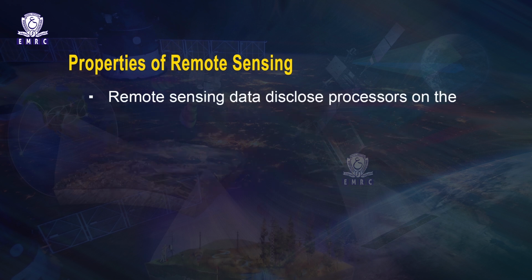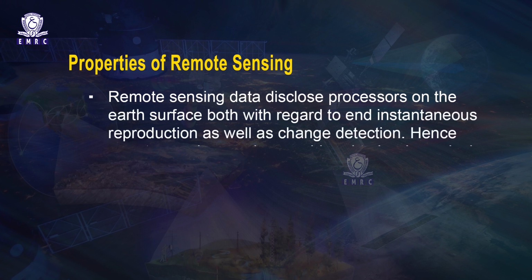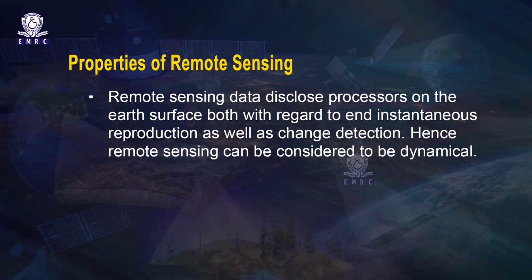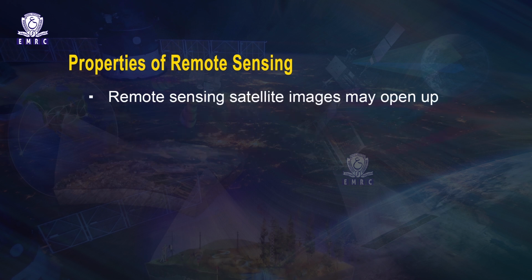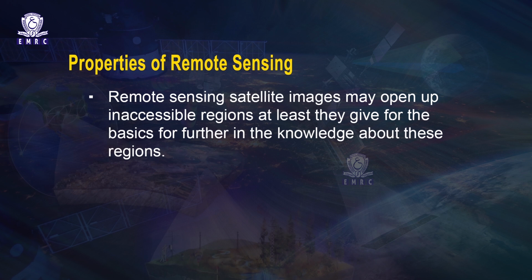Remote sensing data disclose processes on the Earth's surface both with regard to instantaneous reproduction as well as change detection. Hence, remote sensing can be considered to be dynamical. Remote sensing satellite images may open up inaccessible regions; at least they give the basis for further knowledge about these regions.